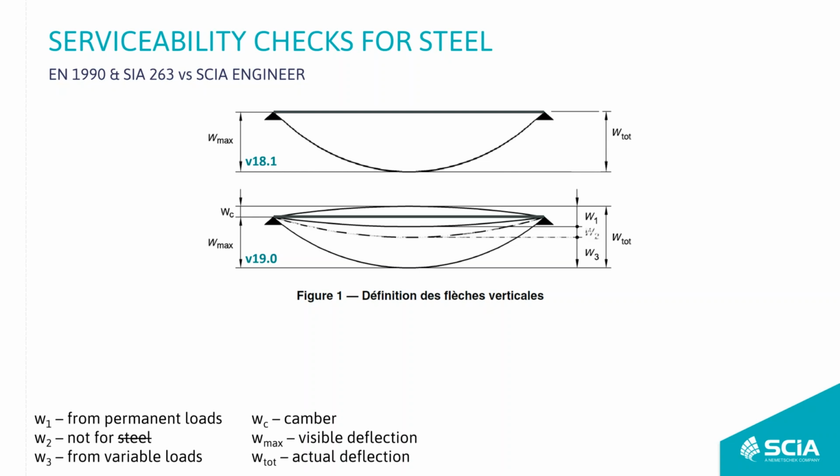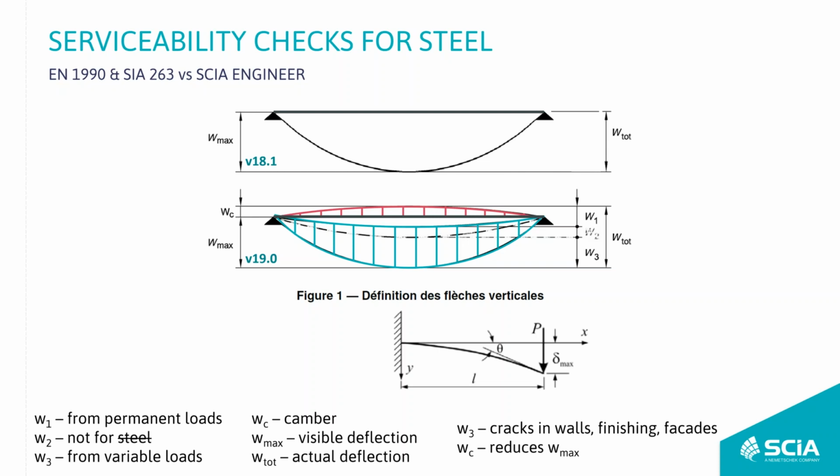In version 19, we are able to check the deflections for the steel members. And what's also important, we did some enhancement related to the calculation and checking of the steel cambers.